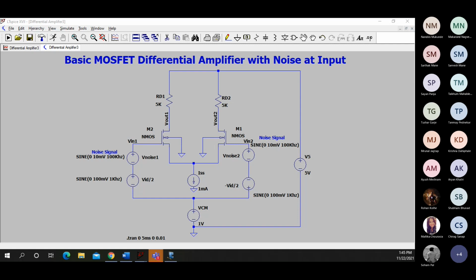So at least put 3 or 4 cycles. It is not necessary that it be 5 milliseconds, but there should be a sizable number of cycles. Okay, Tanvi, let me check your output.